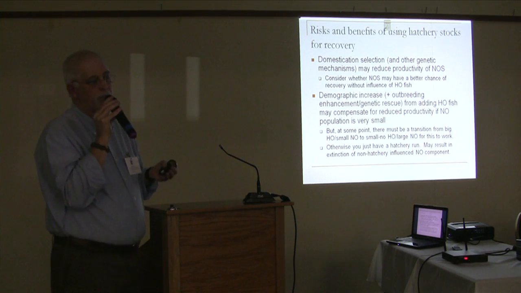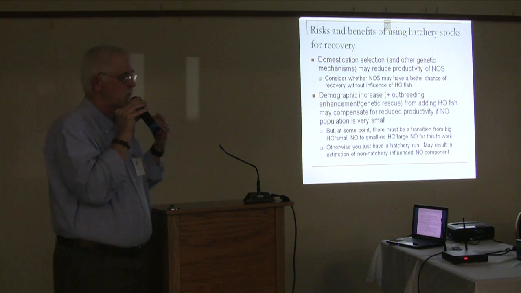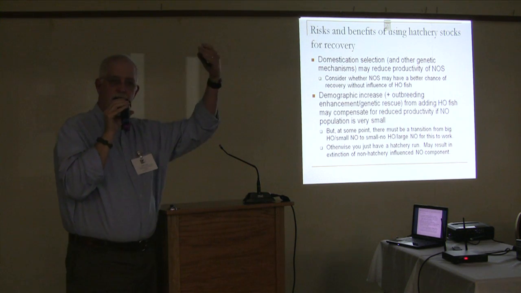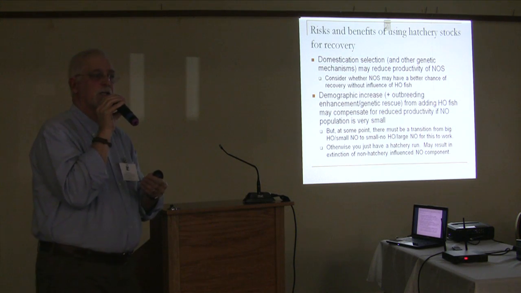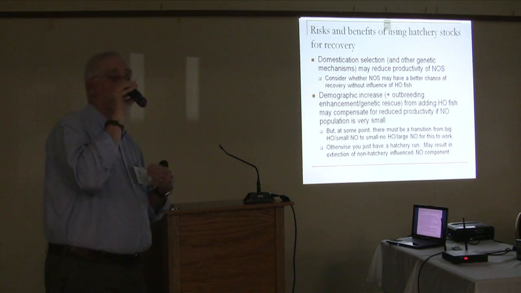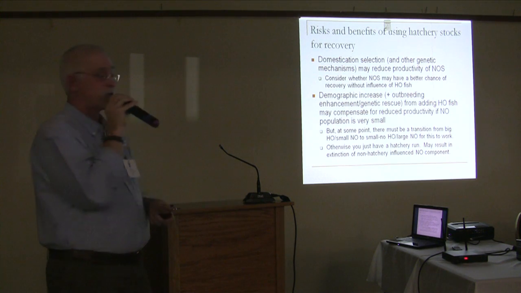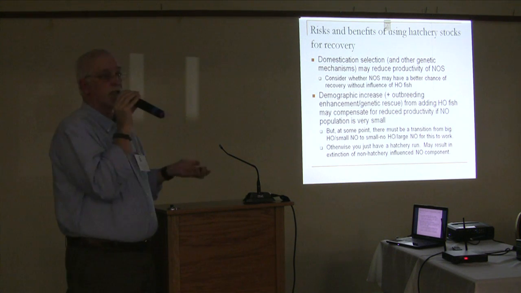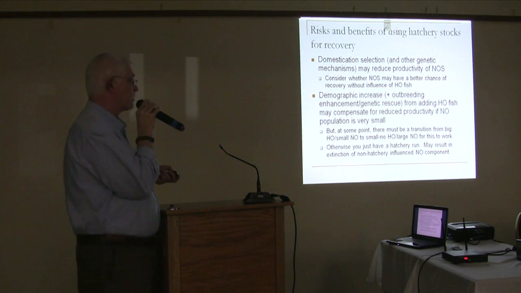However, at some point, again, this refers to the phased approach that I've talked about, you have to transition from a large hatchery origin population and a small natural origin population, and reverse that. Go to a small hatchery origin component and a large natural origin component. Otherwise, you just have a hatchery run, and it could result in the extinction of any non-hatchery influenced natural origin components or spawners.